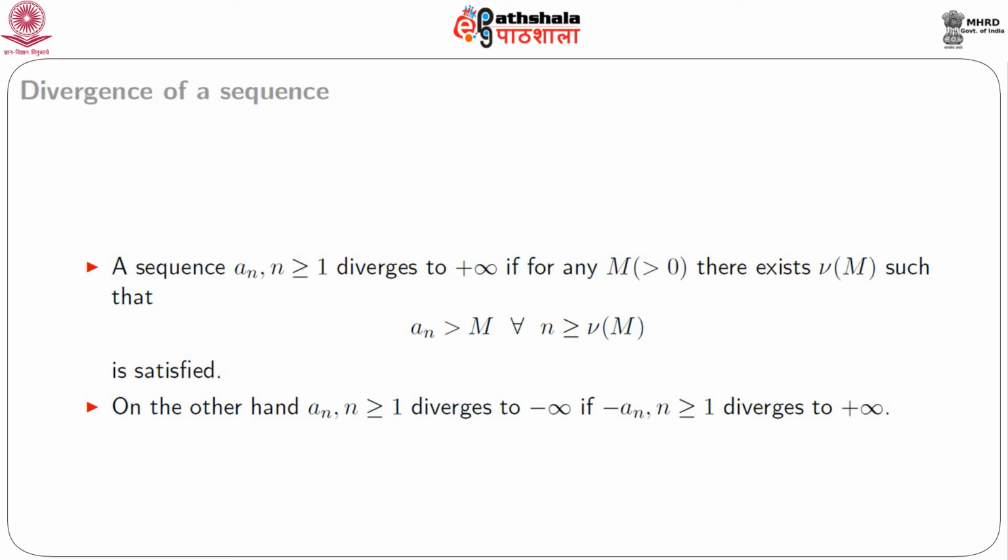So a sequence can diverge to plus infinity or to minus infinity, and we shall discuss only divergence to plus infinity, because divergence to minus infinity is just a simple task using the definition of divergence to plus infinity.